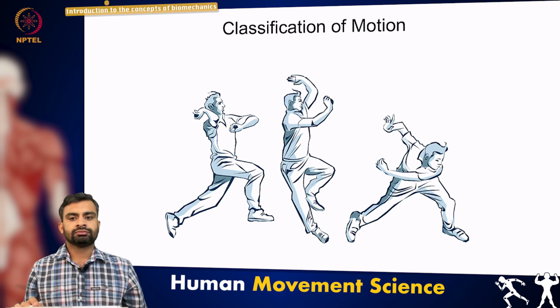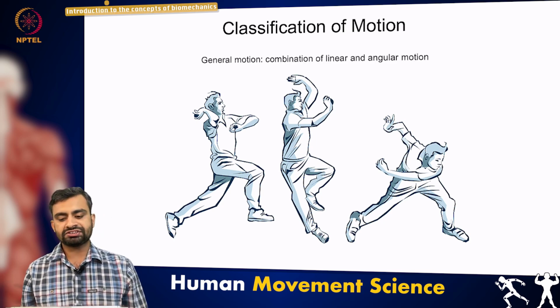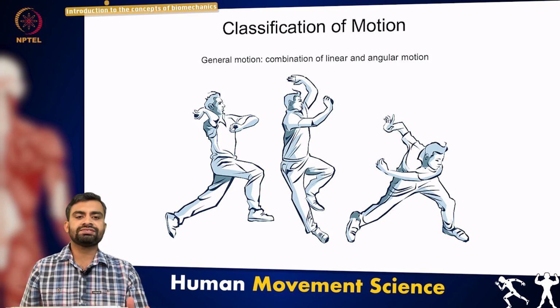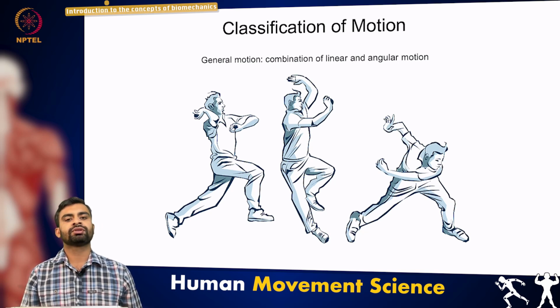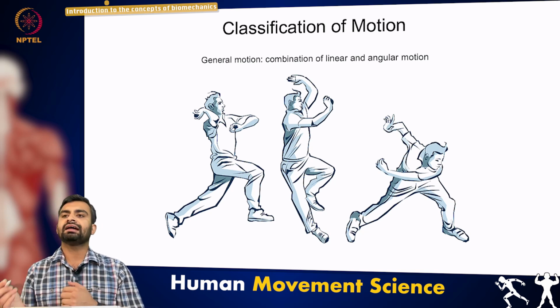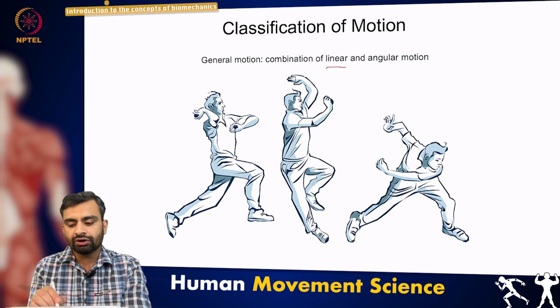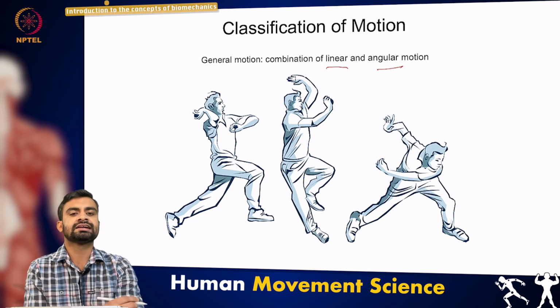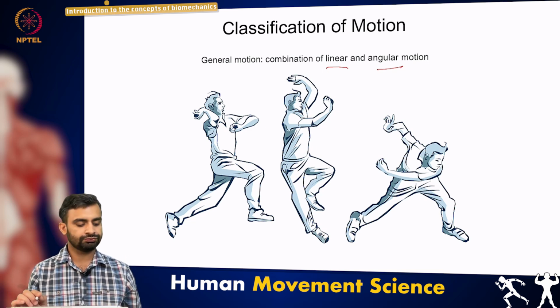However, general motion is a combination of linear and angular motion. Understanding the classification of motion in biomechanics provides a structured framework for analyzing and enhancing athletic performance. Whether it is linear motion or angular motion, they provide valuable insights and empower athletes and coaches to optimize technique and help athletes reach their full potential.